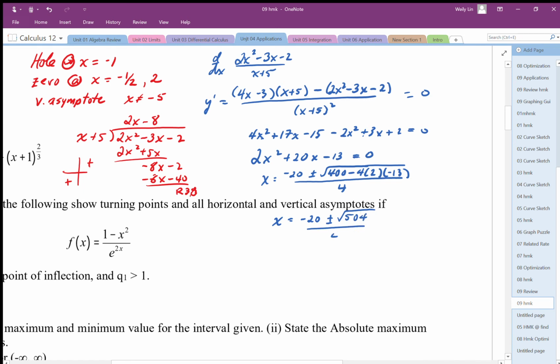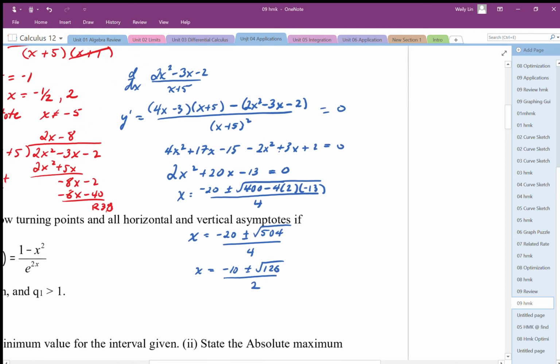We could probably simplify that by factoring the 4 out, so we get negative 10 plus or minus the square root of 126, over 2. Okay, so those are going to be our max and min points.